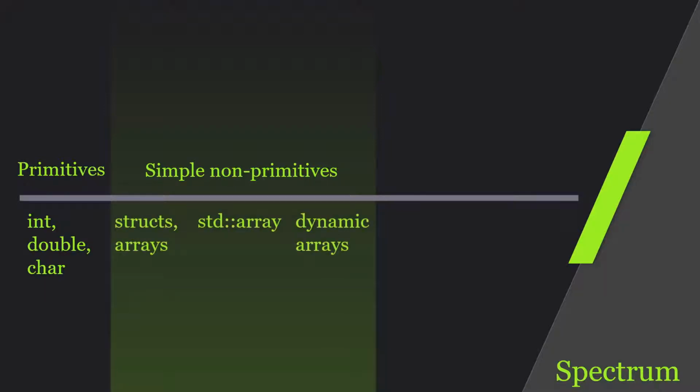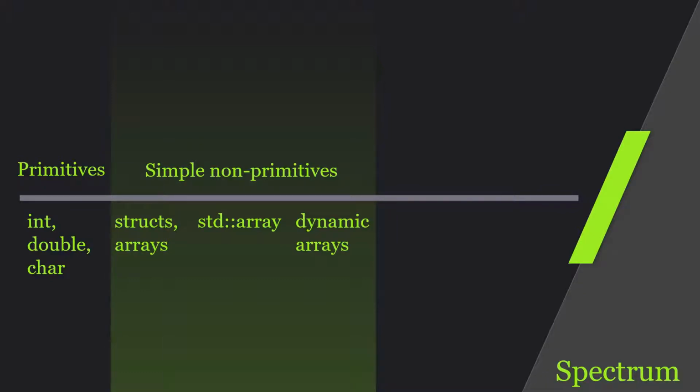Like we might have a structure that defines a point, and that point might store two integers within the structure, but we're not defining any behaviors on that particular structure. It's just simply storing data. And then arrays are very similar to that, where we're not defining how we can add or remove or manipulate the data within an array. An array is simply just storing data in a particular way.